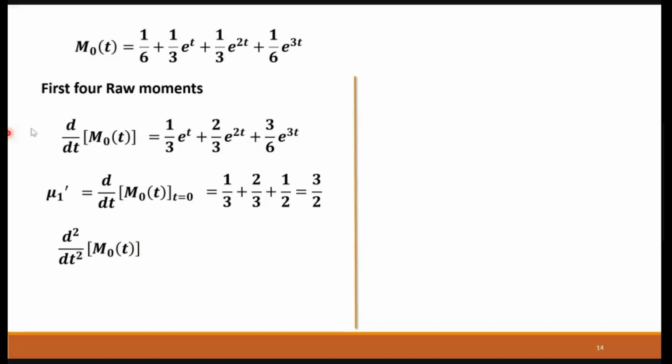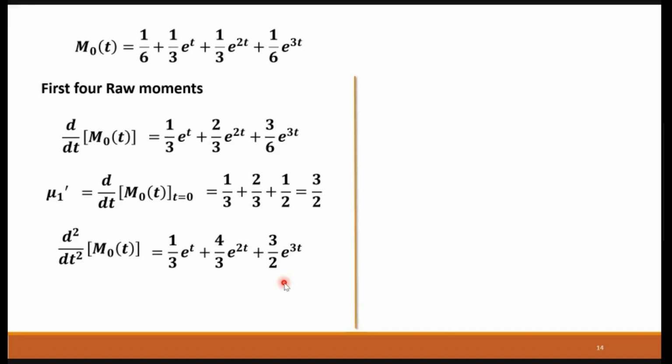Already first derivative we have calculated. तो इसको और एक बार differentiate करेंगे तो खाली coefficients में change आएगा because the function is e raised to t. पहला वाला term same रहेगा. e raised to 2t का derivative 2e raised to 2t, so we will get 4e raised to 2t. और यहाँ पे already it is 1 by 2, उसके साथ एक 3 आ जाएगा तो 3 by 2 e raised to 3t. Again put t equal to 0 and calculate mu 2 dash.